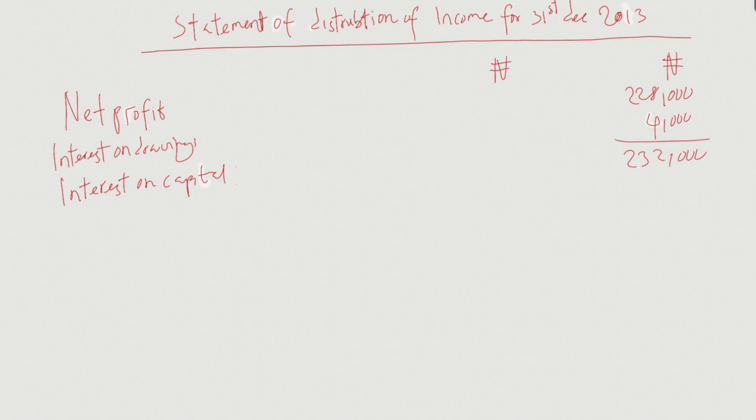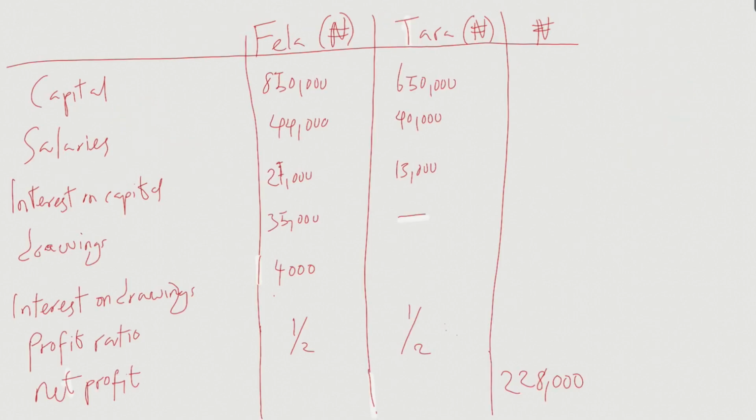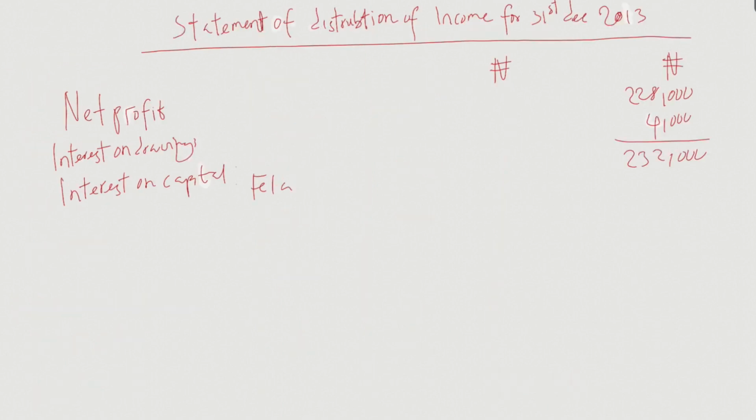For Fela, his interest on capital was 27,000, and for Tara it was 13,000.